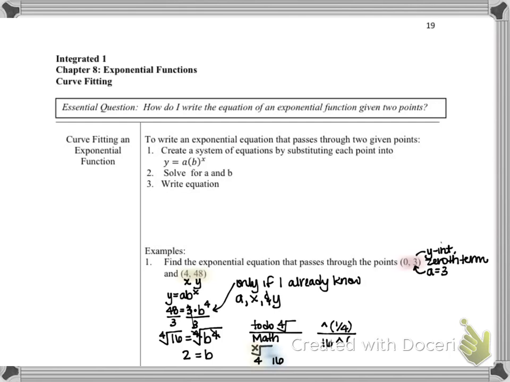Then you're going to want to tell it 1/4. If you can't get some sort of a fraction option on your calculator with the 1/4, remember that 16 to the 1/4 is the same thing as 16 to the 0.25. I'm pretty sure you can do the fraction option.